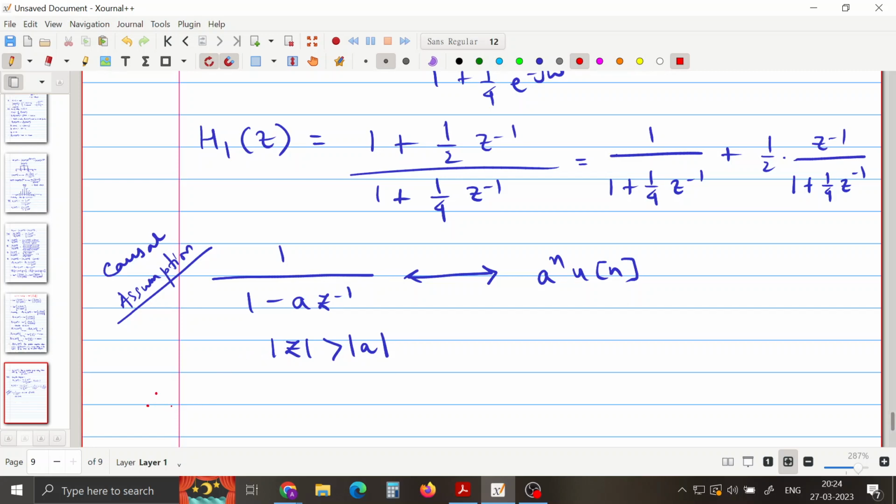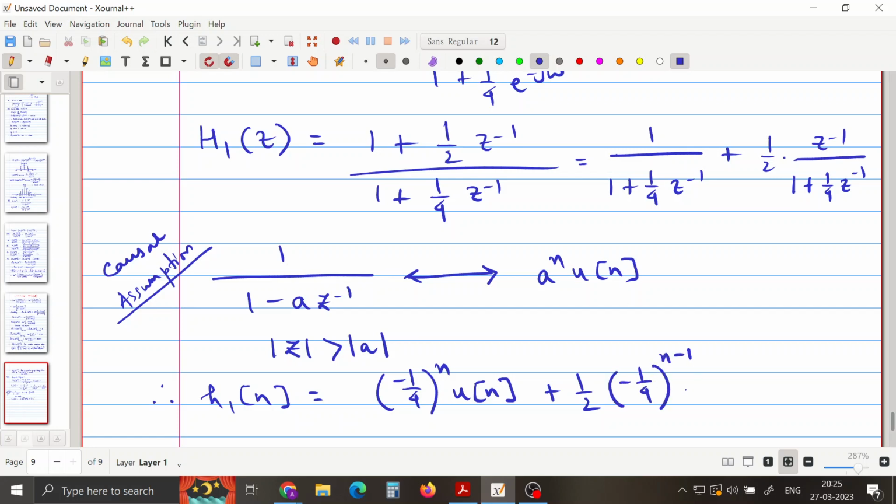So using this relation, this Z transform pair, we have h1 of n equal to, for the first term in the summation, as you rightly mentioned, this, and the second term is exactly the first term only, delayed by 1 unit from the property of the Z transform. So, n minus 1 u of n minus 1, like this.